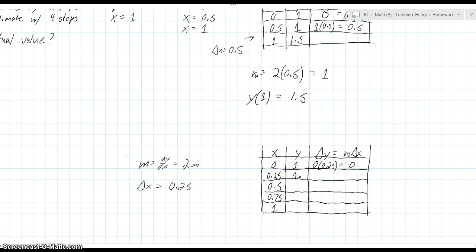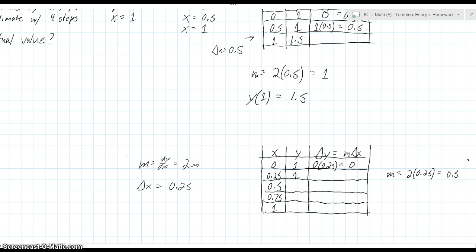Now for the next one, we're going to plug in 0.25 into the m equation. So we're going to get m equals 2 times 0.25, which is going to equal 0.5. So that's our m right there.